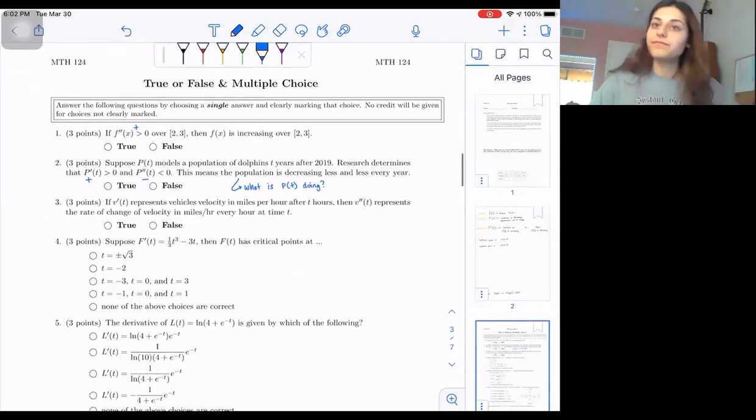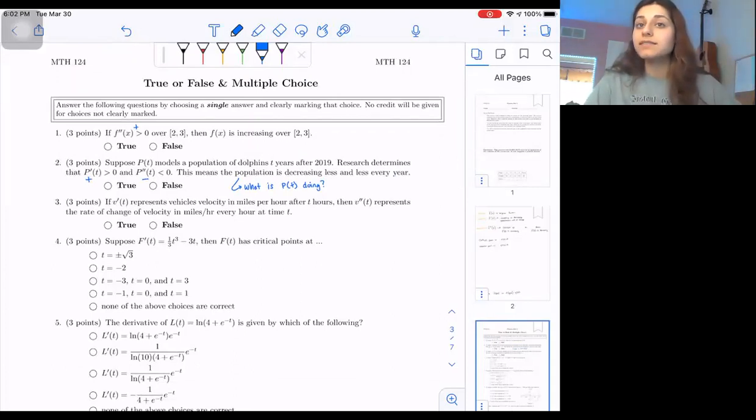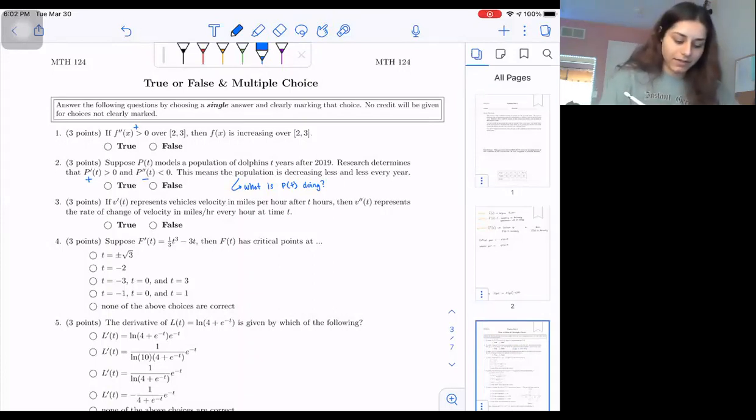So for this question, if the second derivative is positive, all it's telling us is that the original function, f of x, is concave up over 2, 3. So it does not mean that f of x is increasing over 2, 3. It's possible that it could be decreasing but concave up.